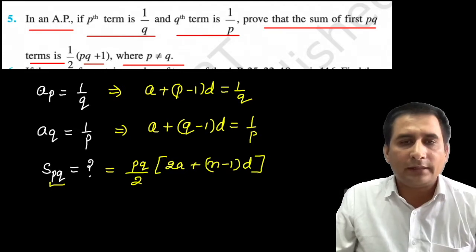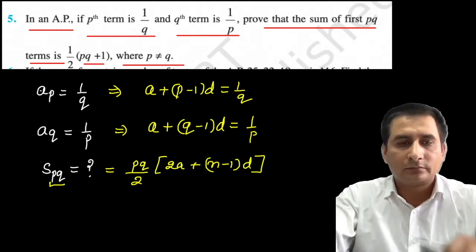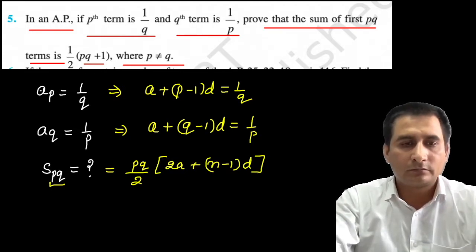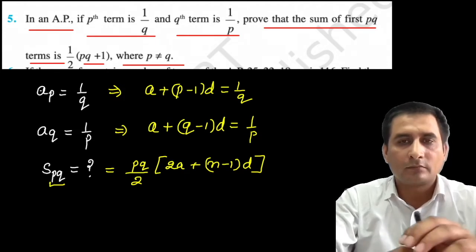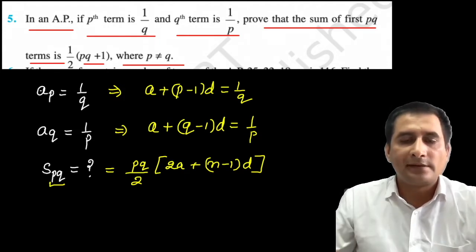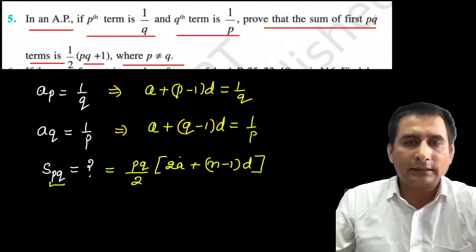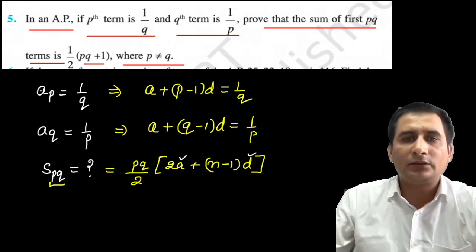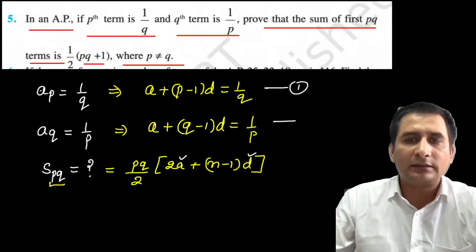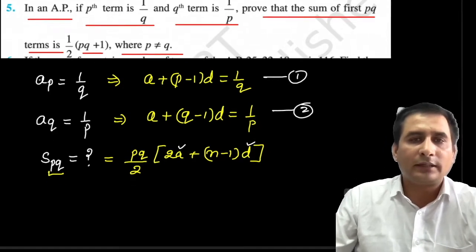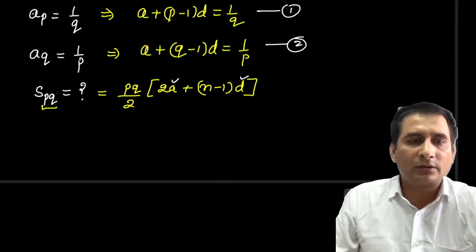So we need to find Sn, for which we need A and D. So let us use these equations to find A and D. Suppose this is equation 1 and this is equation 2. So let us find the value of A and D from equation 1 and 2.